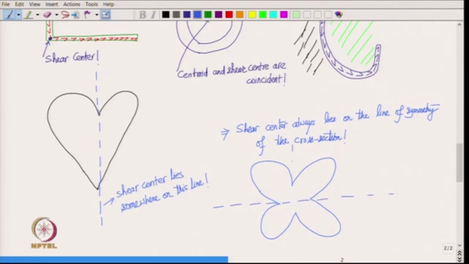One is this, then this is also a line of symmetry, then this actually also is a line of symmetry, and this is also a line of symmetry. And since the shear center has to lie on line of symmetry, then only possible point is the center itself here. So, in this case this becomes the shear center.